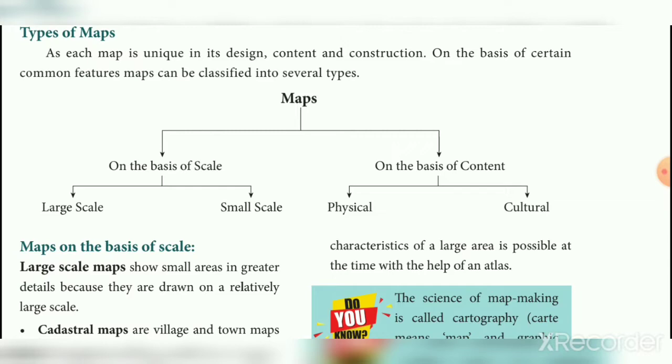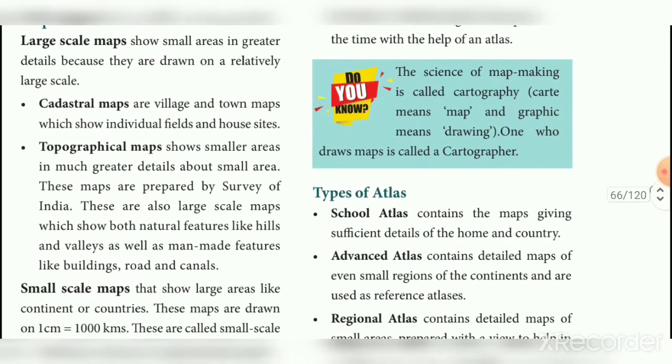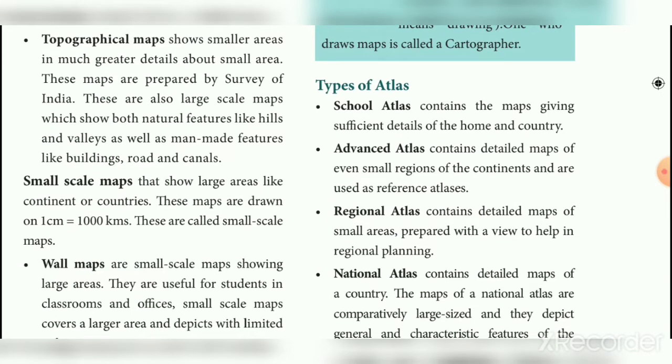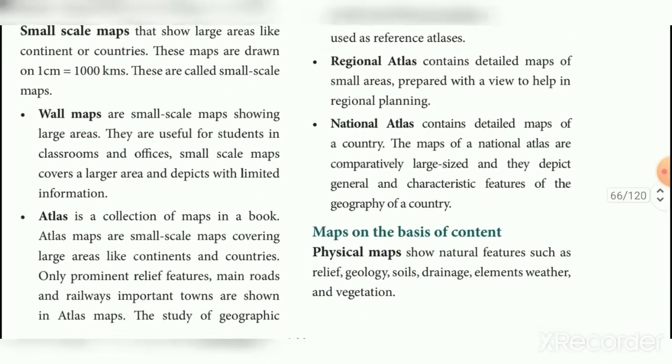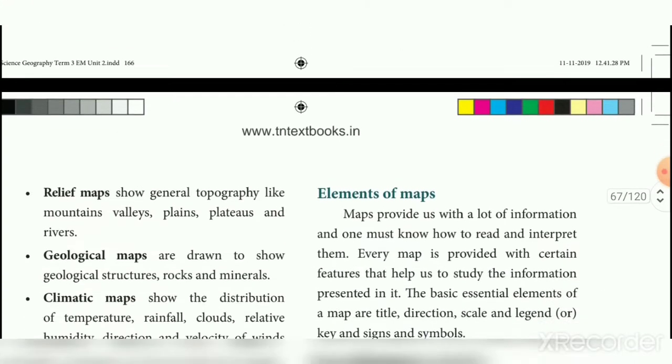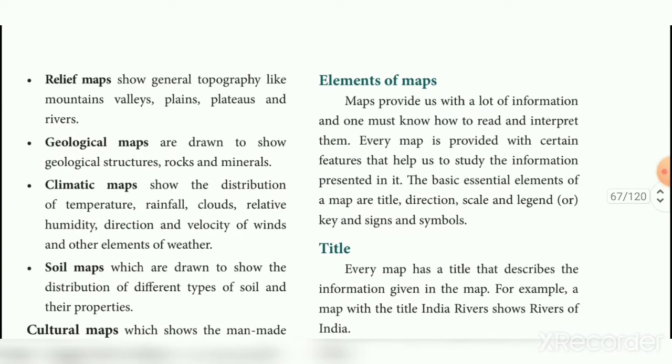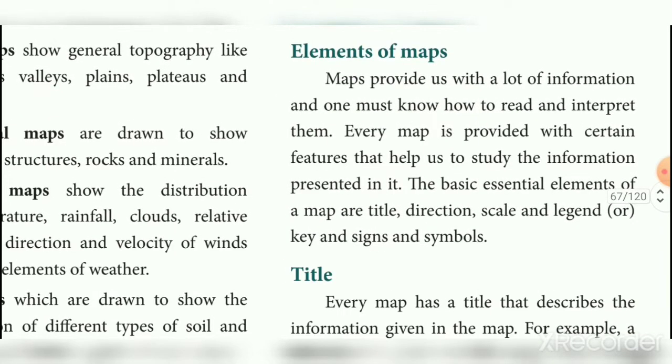On the basis of content, they are divided into physical maps and cultural maps. We also learned about the atlas and types of atlas. Today we are going to see the elements of maps. So, an important question: elements of maps.